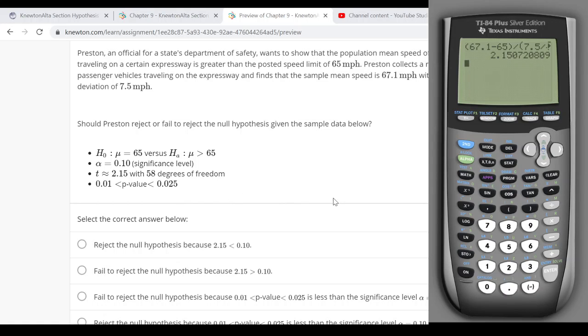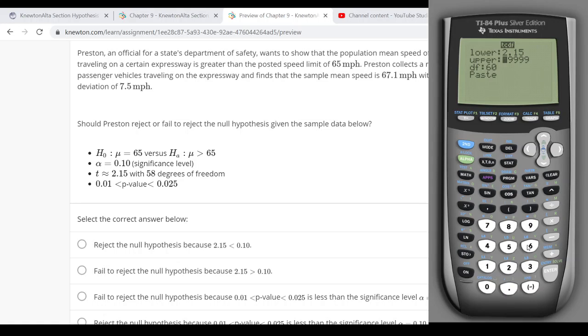Now let's actually show that. Remember, this is a right-tailed test, right? Mu is greater than some value in the alternative hypothesis. Because it's a right-tailed test, the p-value is just going to be the area to the right of our test statistic, which you can again find on your calculator if you want. Now we're doing area under a t-distribution, so I'm going to tCDF. My test statistic is 2.15, and we're going to the right.